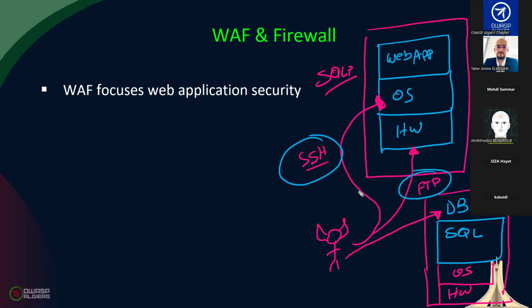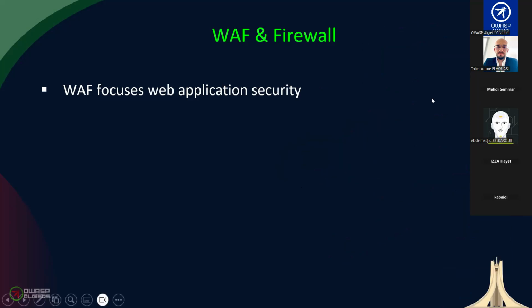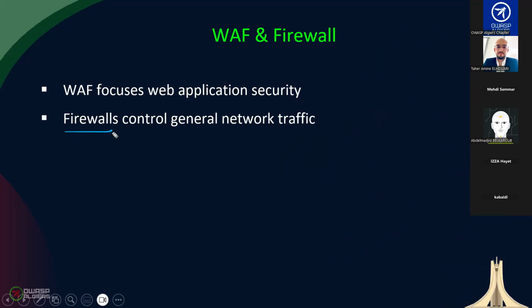The WAF is unable to detect SSH, FTP, or purely SQL related attacks, which makes the need for a firewall something very crucial. So firewall control general network traffic. Now, when I say firewall today, this can be sometimes, let's say, ambiguous. Why? Because we have layer 3, layer 4 firewalls.